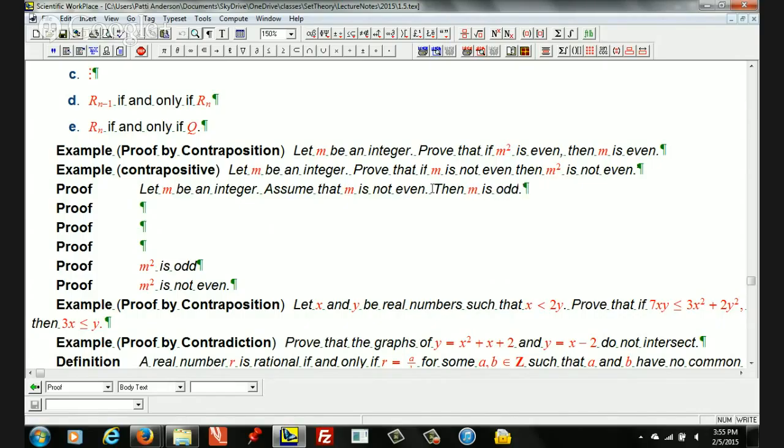You see how we're kind of working from both ends to the middle? That's what we're going to do on all these. So then m is odd. Well, what does it mean for m to be odd? I'm not going to jump straight to that. We're actually going to prove that.